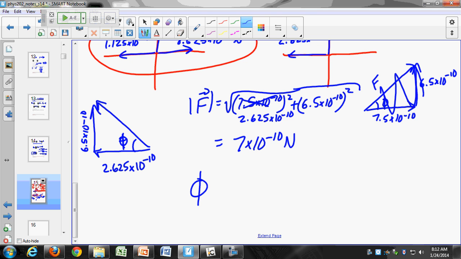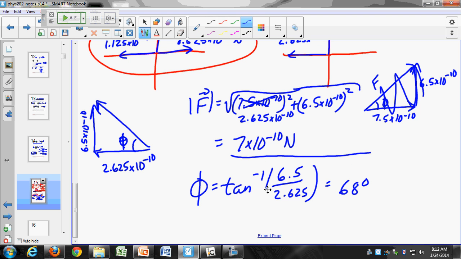And my angle phi is going to be the inverse tan of 6.5 over 2.625. The 10 to the minus 10s cancel, so I just leave those off. I get 68 degrees. So my final answer would be this magnitude, 7 times 10 to the minus 10, at 68 degrees above the negative x-axis.